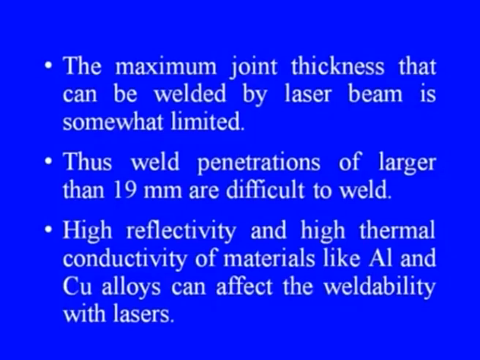High reflectivity and high thermal conductivity of materials like aluminum and copper can affect the weldability with lasers. This we have of course seen in the case of laser beam machining as well, where it is difficult to machine materials which have very high reflectivity, particularly copper and aluminum and their alloys.